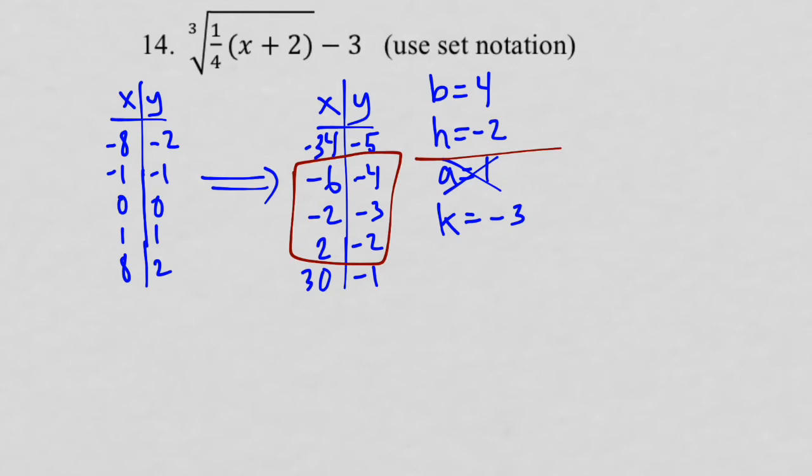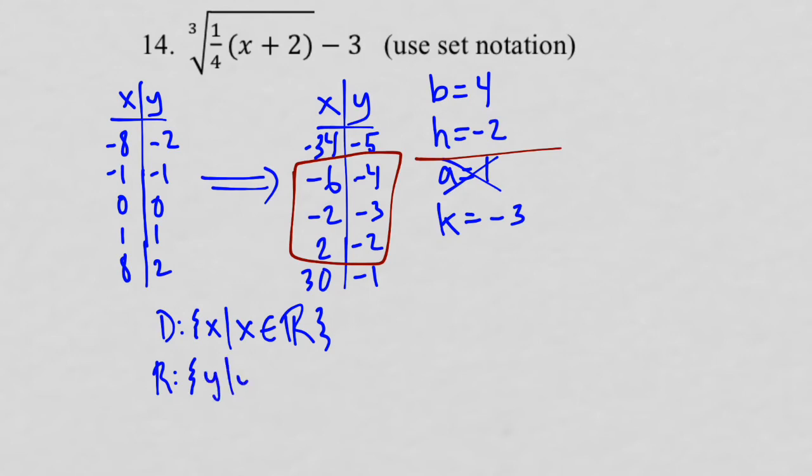The next thing is to find the domain and the range. These are the easiest ones to find domain and range. Cube root functions and cubic functions, the domain and the range is always the same thing: all real numbers.